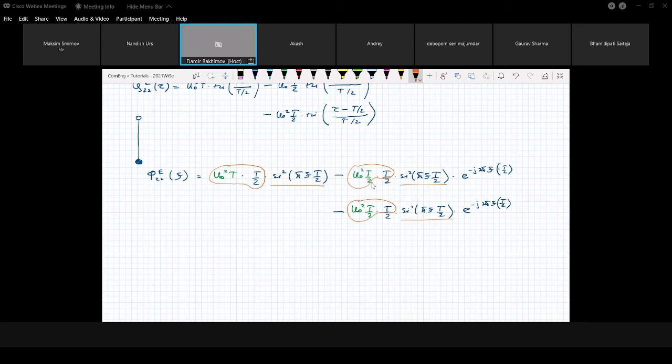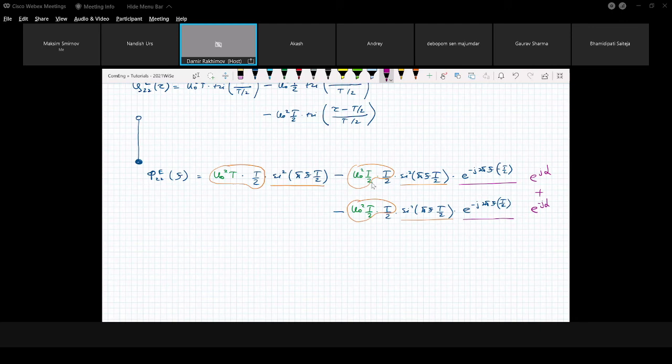By the way, let's look at the exponential functions. When we move outside parentheses all the remaining parts, inside parentheses we have the exponential function of j alpha, and the second part, the exponential function of minus j alpha, and we have plus.